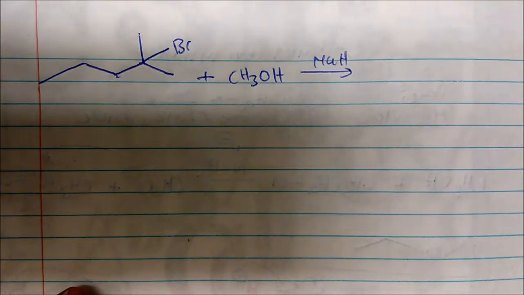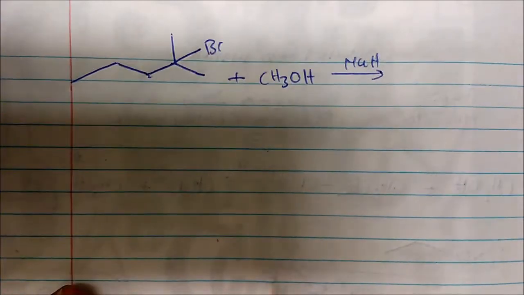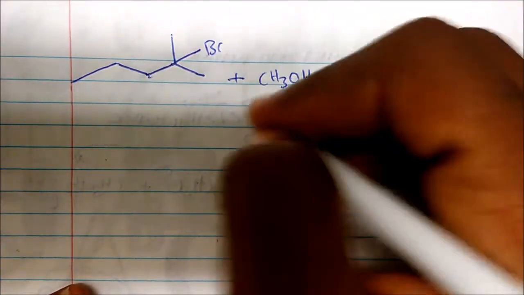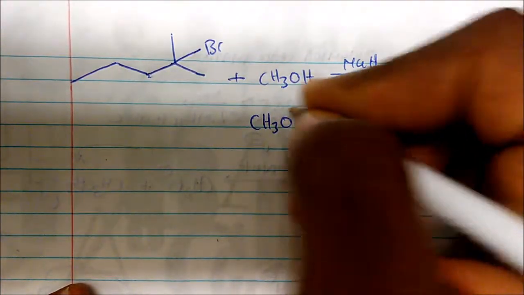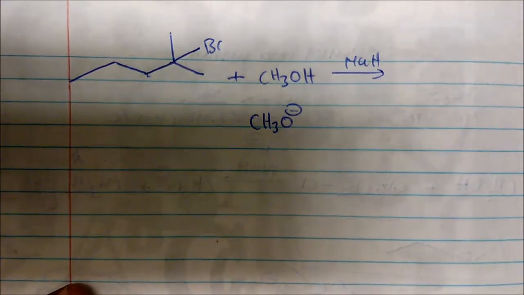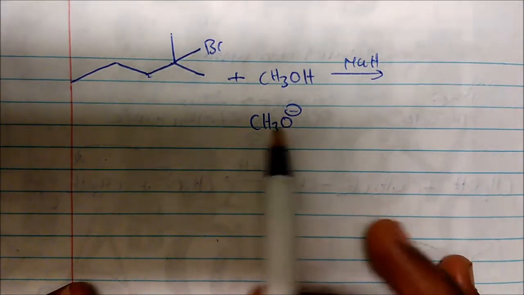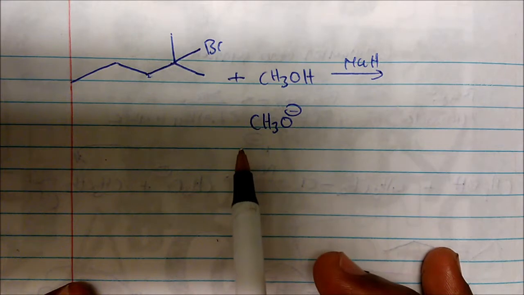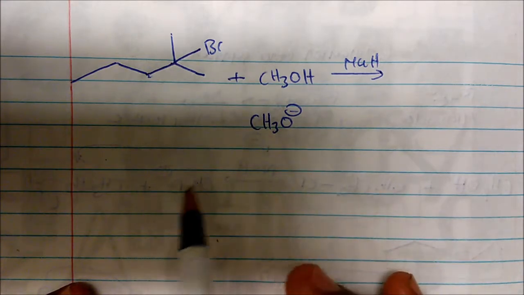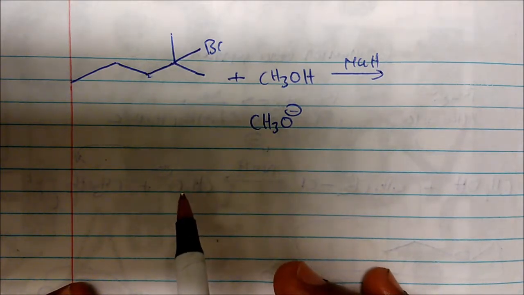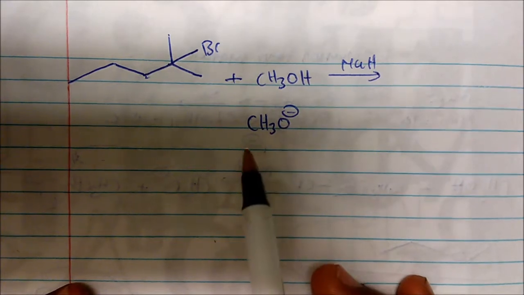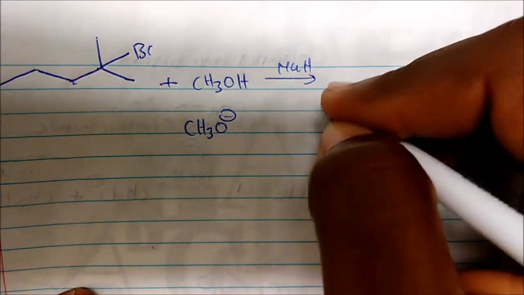What would be your product? Well, notice that sodium hydride will deprotonate my oxygen, and now I have something that is very basic. Well, will this give me SN2 chemistry? The answer is no. This will not give me SN2 chemistry. And actually the product of this will look something like this.